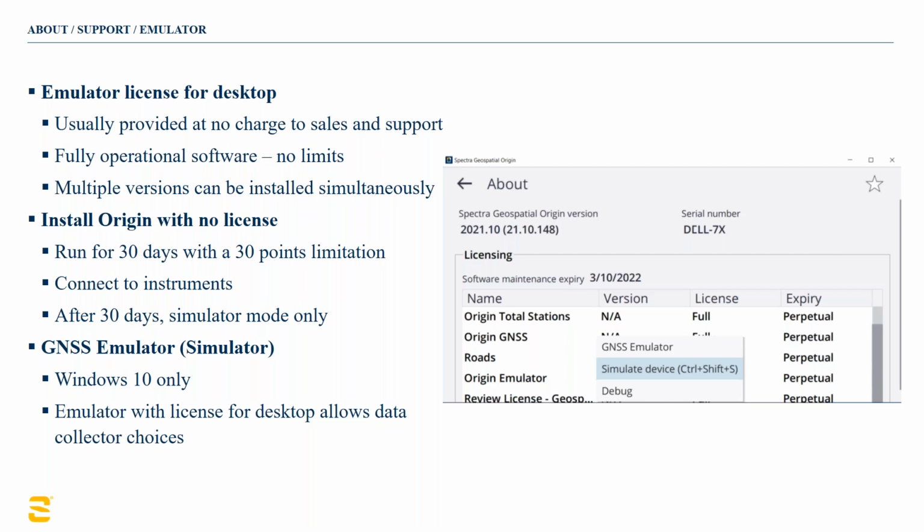If you're running a Windows 10 platform like the ST10 or the Ranger 7, you can go to the about. Under about, you will find on the F key the ability to choose the device you're going to simulate, and it gives you a GNSS emulation. It does not have a total station emulator yet.